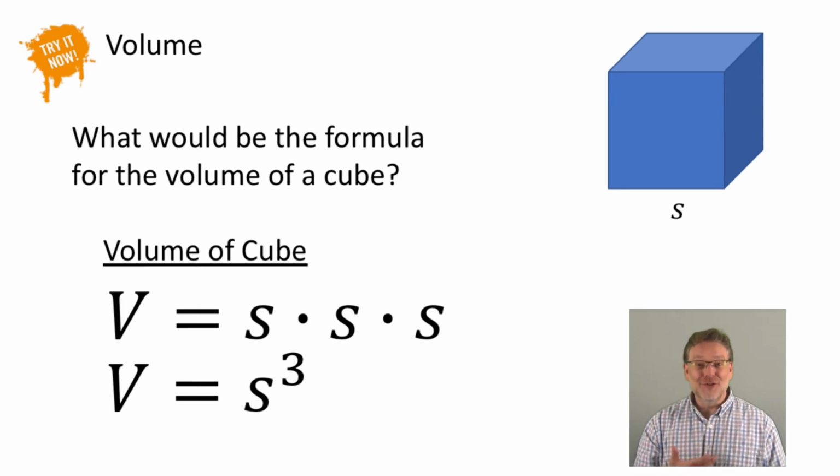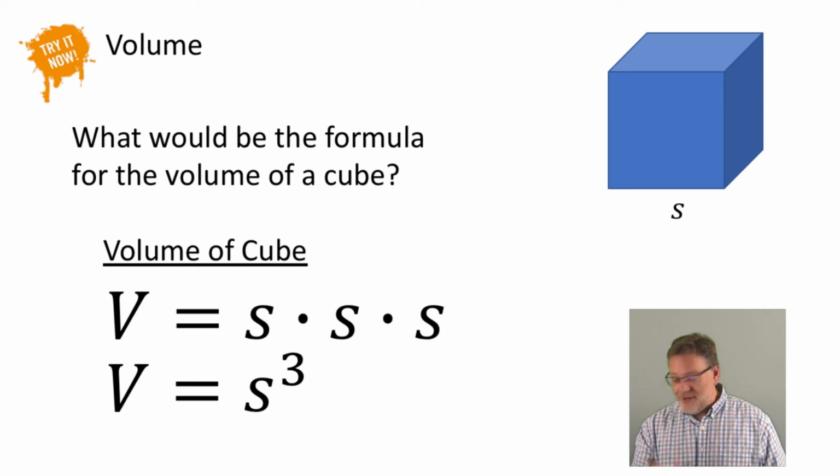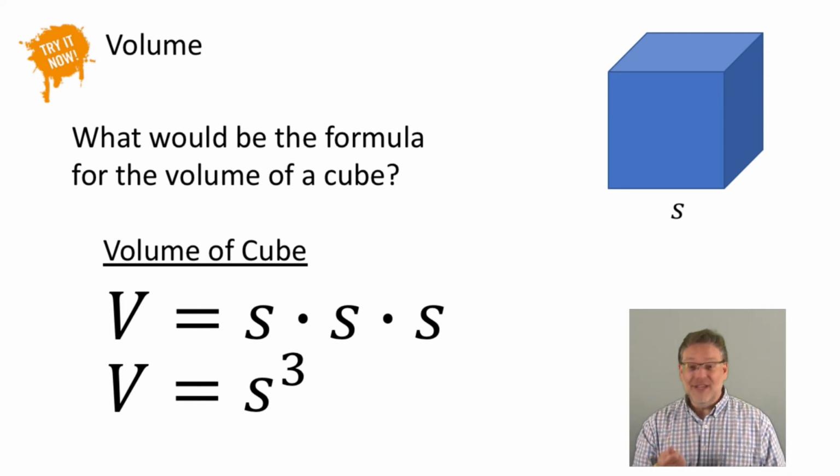Interesting that we call it cubed because that's exactly what this describes, a cube with a length, width, and a height, all of the same value. A certain length, s cubed. And so there's our formula for the volume of a cube, even more simplistic. V equals s to the third power. Always true. Always, always, always.